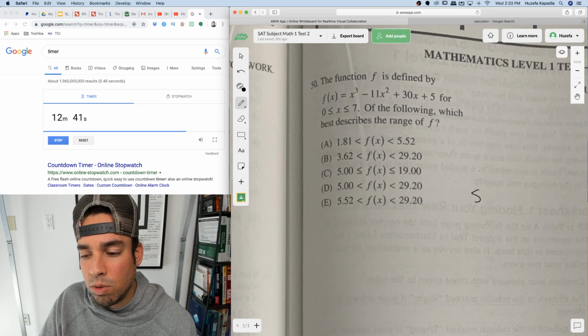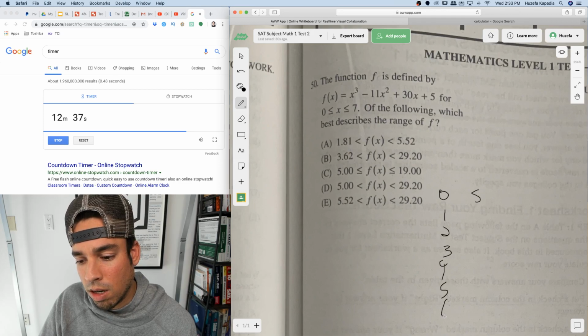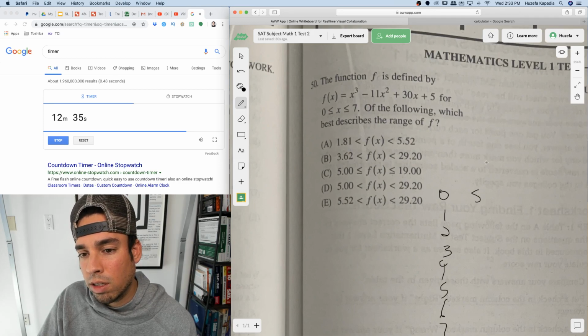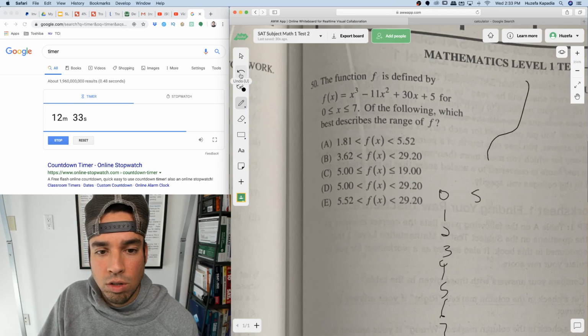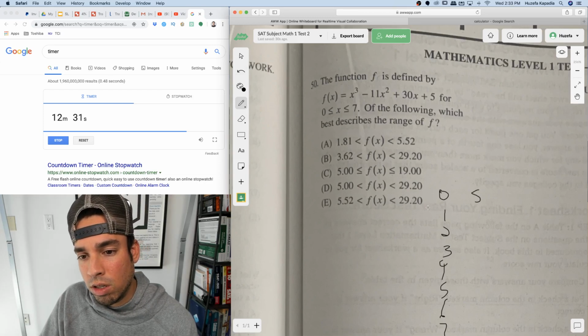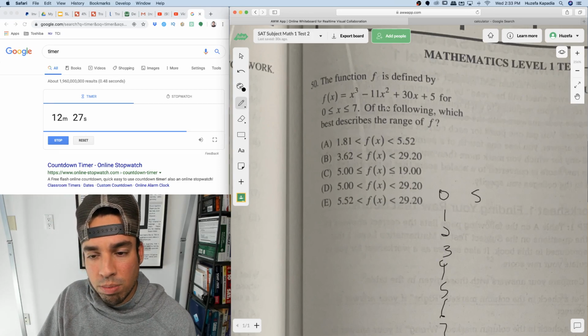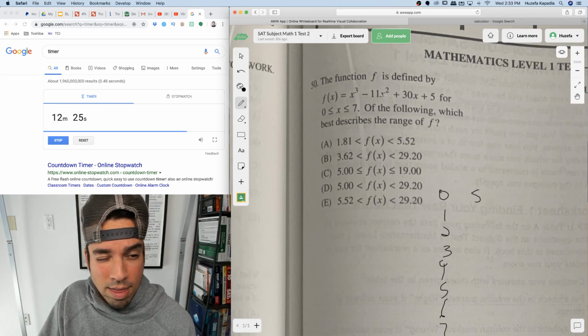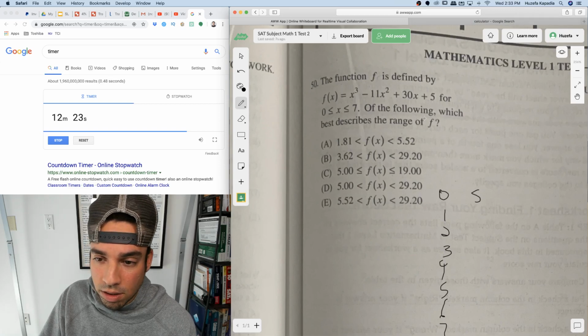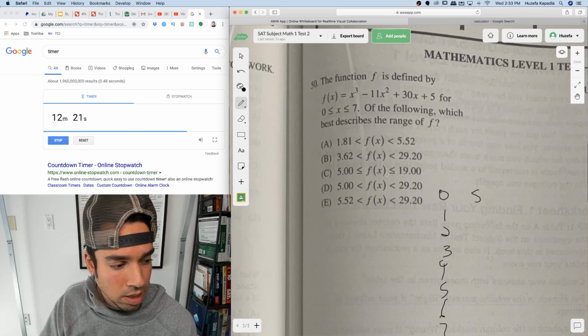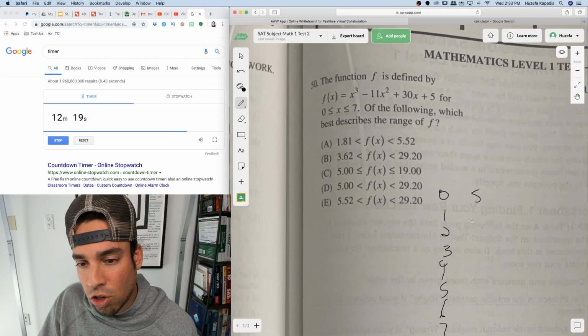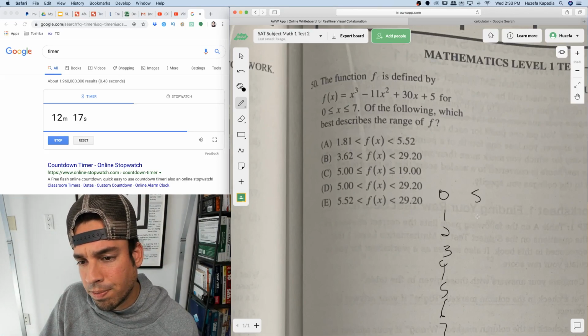Let's plug in some numbers, because these functions are supposed to go like this. So it's going up the whole time. So 0 theoretically should be the lowest value, and it's between C and D. And I could probably plug in 7. I think I'm allowed to graph this on a graphing calculator. I'm pretty positive because they allow that. But let's just try not to do that maybe.